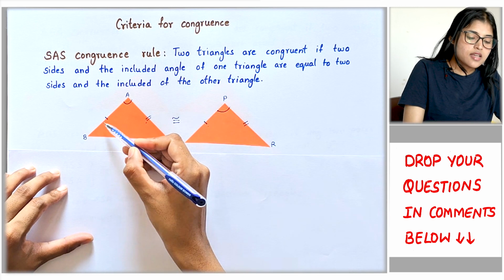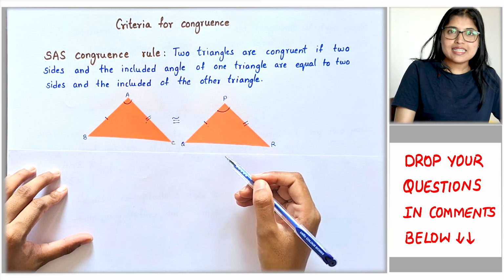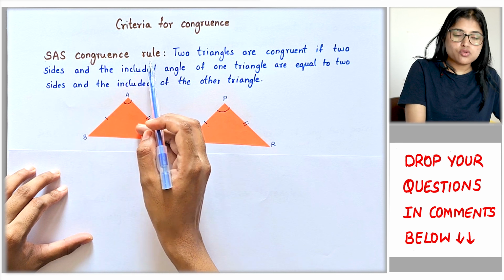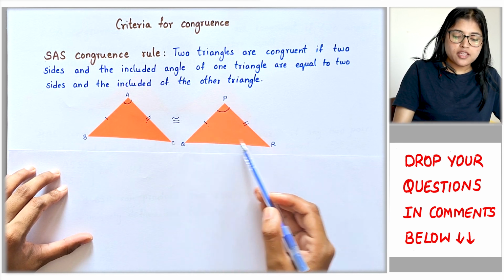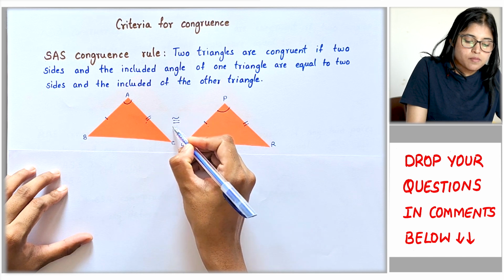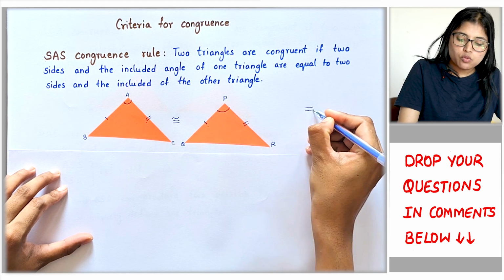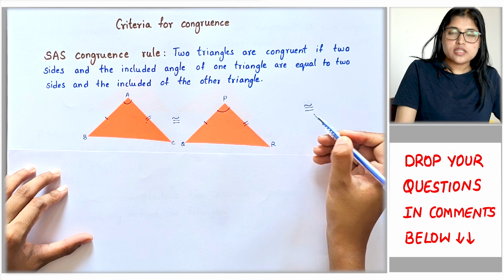Included angle, that is the angle between these two sides, should also be equal to each other. When this criteria is met, I can say according to SAS congruence rule, this triangle ABC is congruent to triangle PQR, and this is the symbol we use to represent congruence. So the symbol is simply an equal to symbol with a sign like this on top, which means congruence.